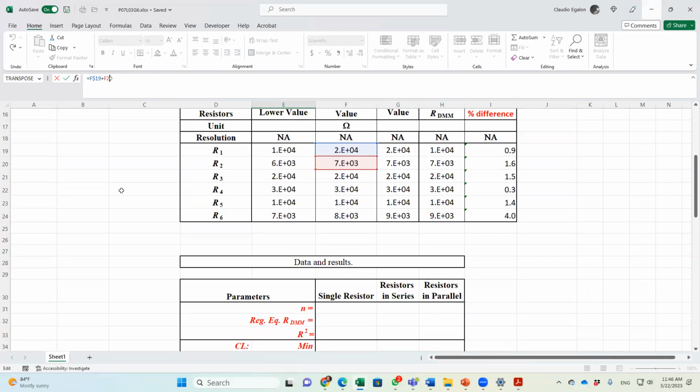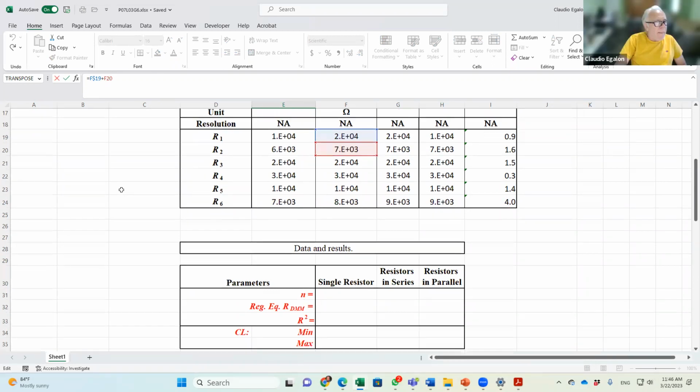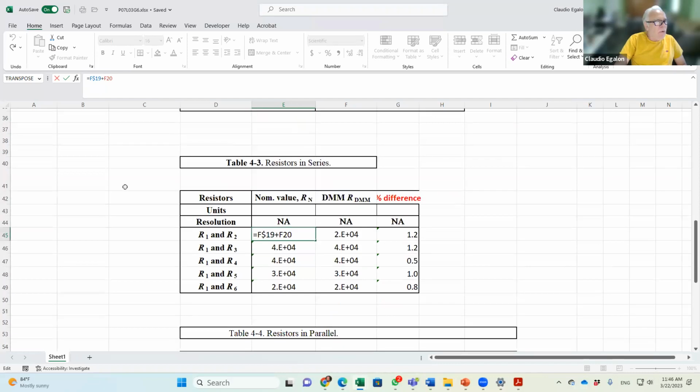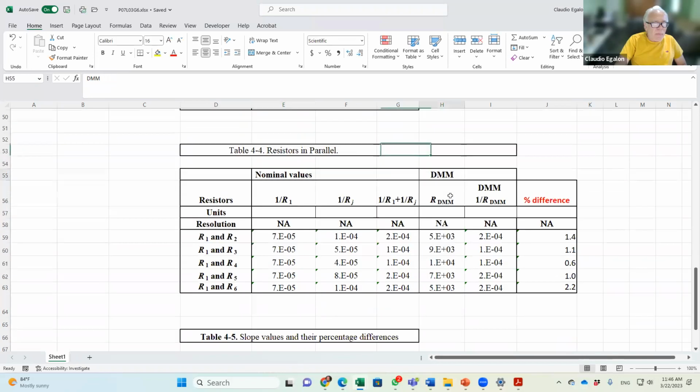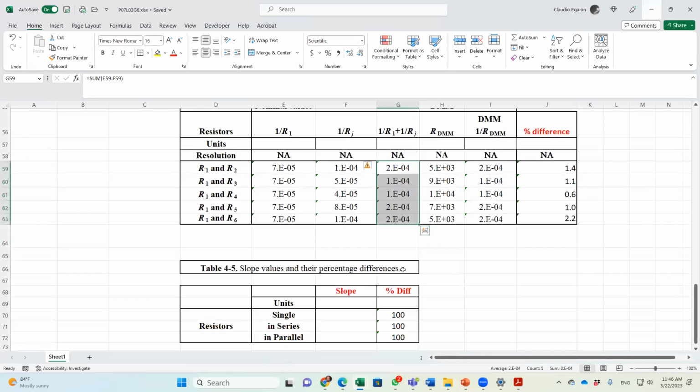You're summing one with the other. So you gotta use the summation rule. Here is the same thing. Those are measurements. And here is the division rule that you had from the previous table. And then here's going to be the summation rule. And then that goes the same for units, right?